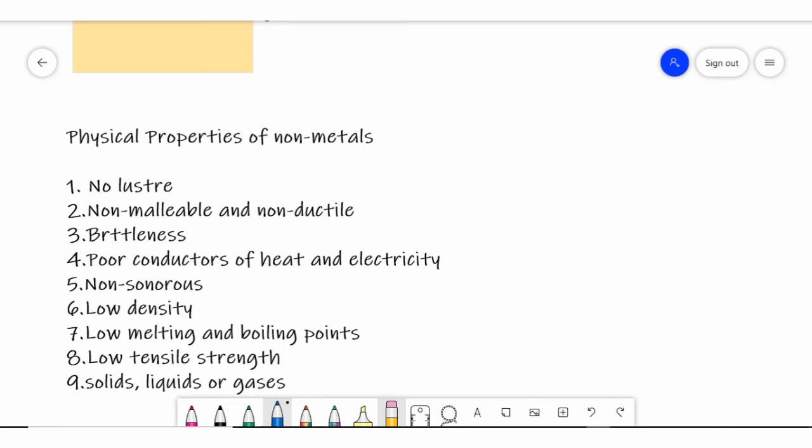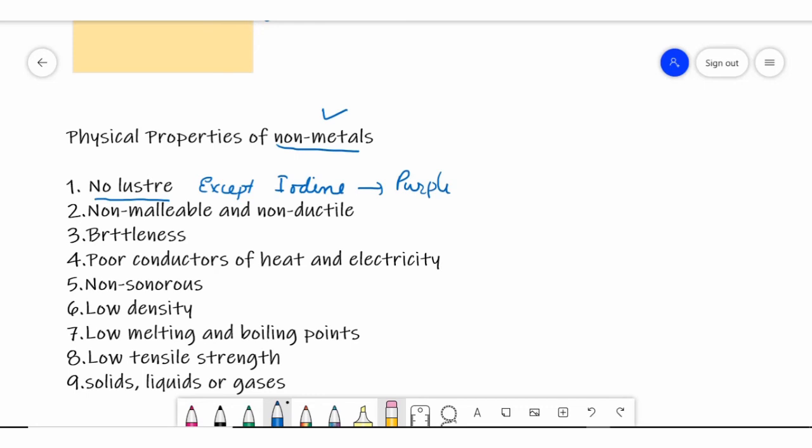Now we can discuss the physical properties of non-metals. Non-metals do not possess any luster except iodine. Iodine is purple in color and it possesses luster.